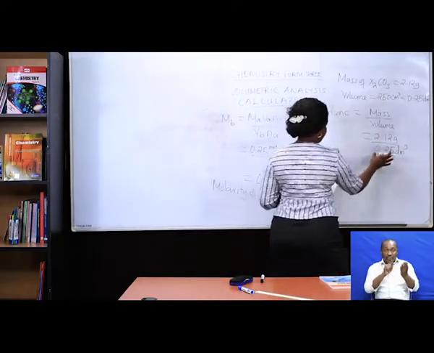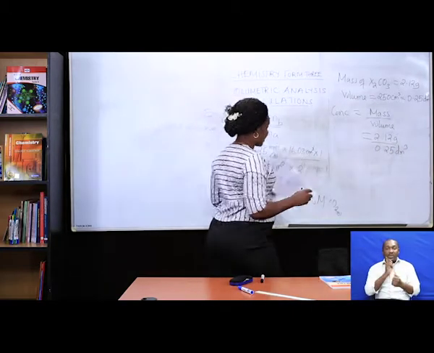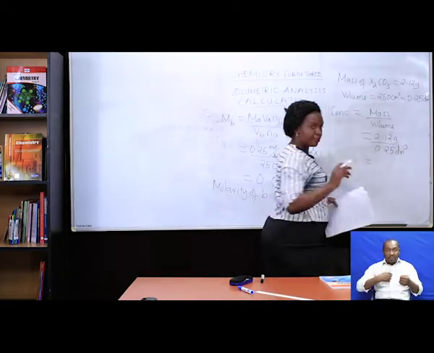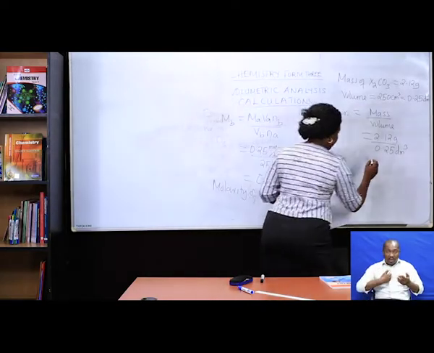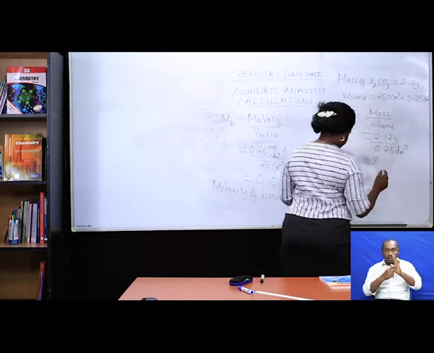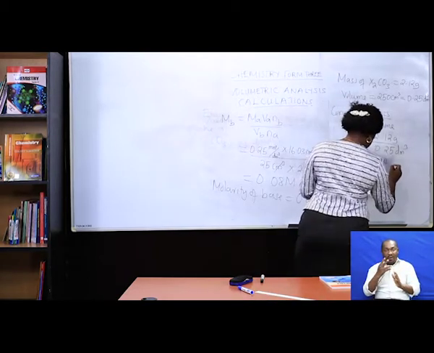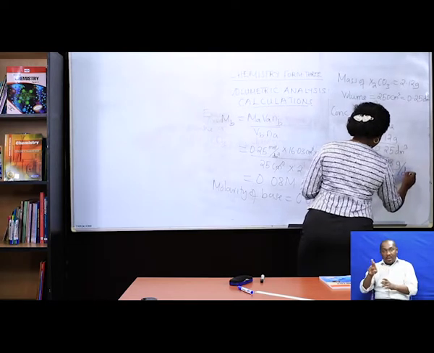Try to compute what is the answer. I guess now you have the answer. For me, the answer will be 8.48 gram per cubic decimeter.